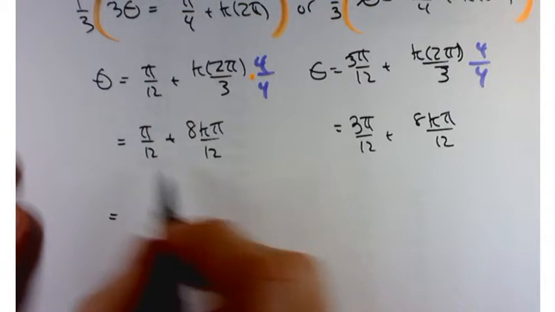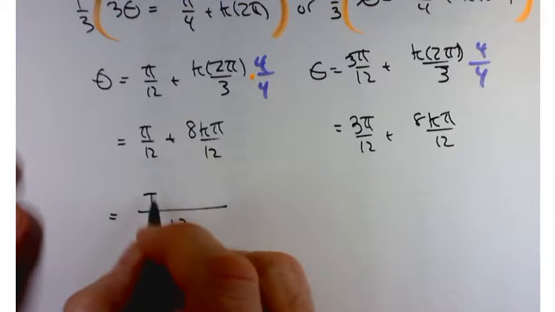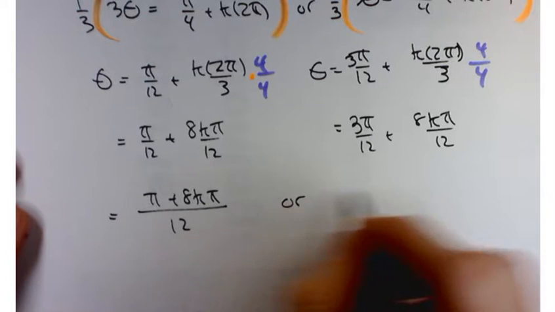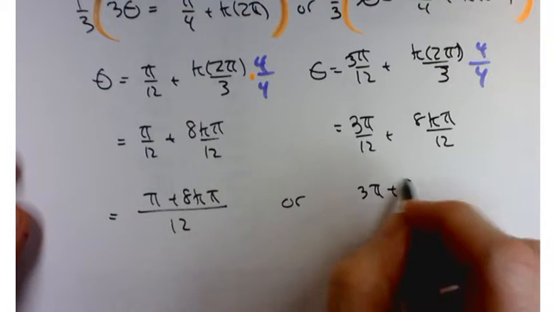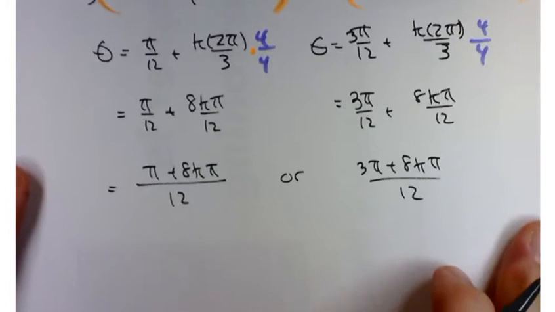These have common denominators now, so I can add the numerators: pi plus 8k pi, or 3 pi plus 8k pi, both over 12.